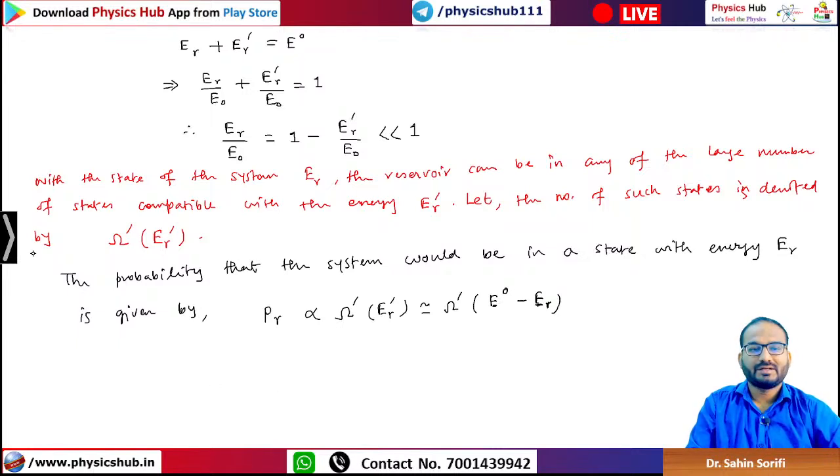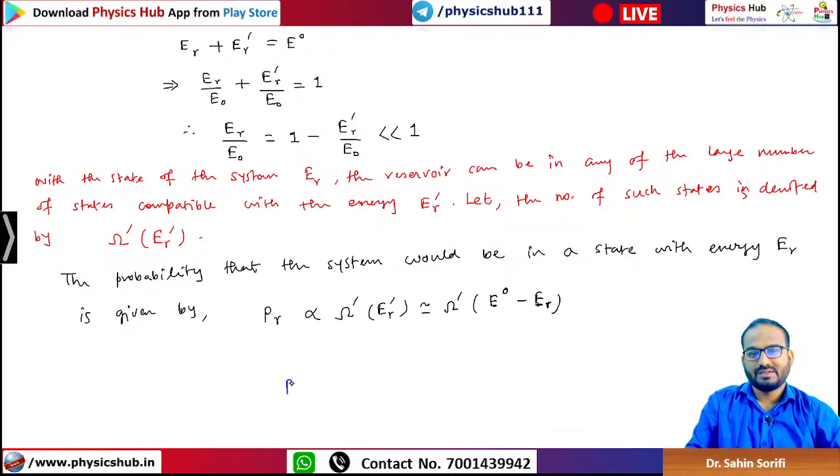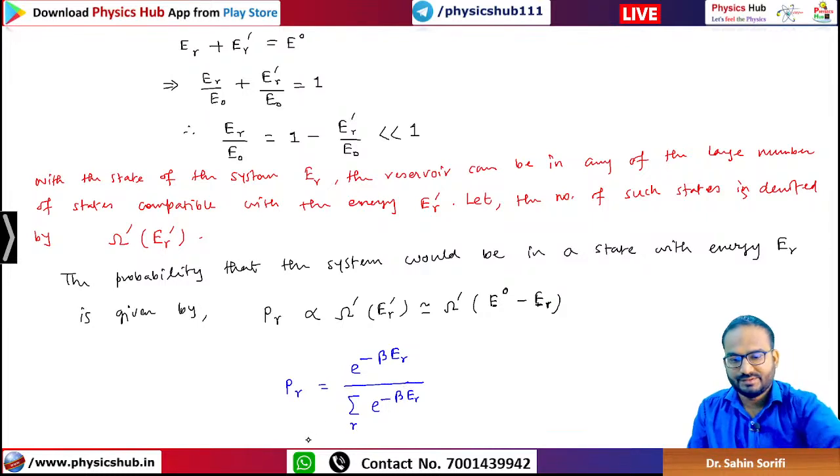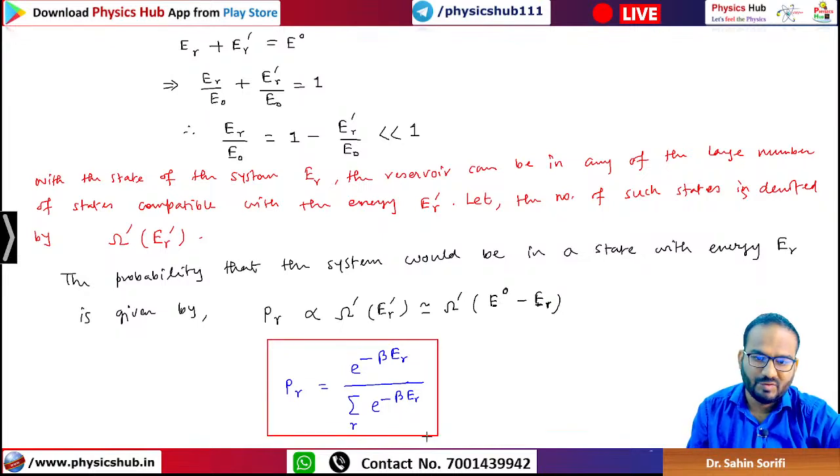Ultimately you will get a formula which you need to remember: PR will come out to be e to the power minus beta ER divided by the sum of e to the power minus beta ER, the sum being over R.